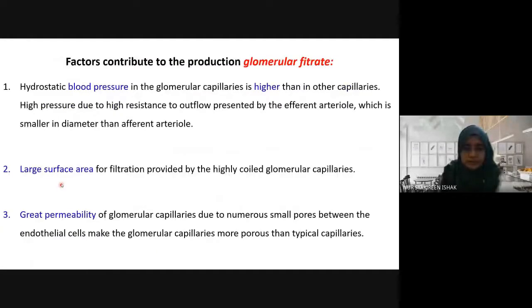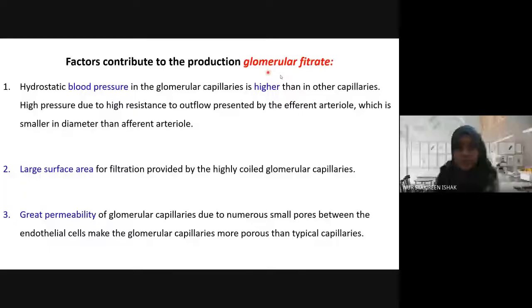Okay, so filtration sini dah. Okay, so factors contribute to the production of glomerular filtrate. Glomerular filtrate is fluid from the glomerulus that enters into the Bowman capsule. So hydrostatic blood pressure in the glomerular capillary is higher than the other capillaries, which is the surrounding blood capillaries of the nephron.